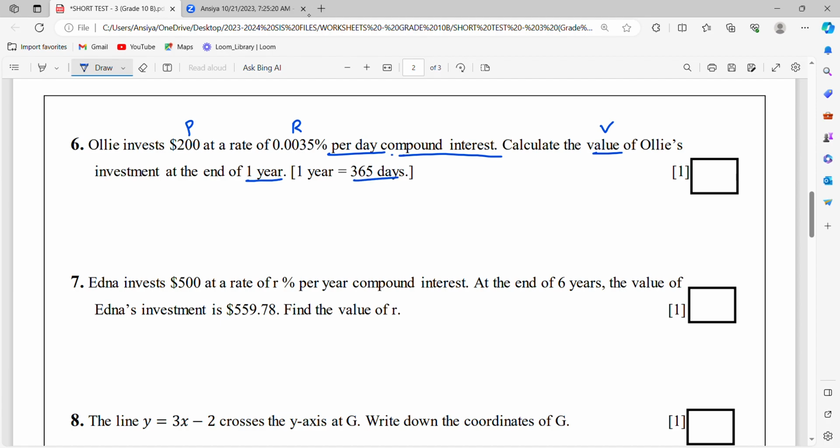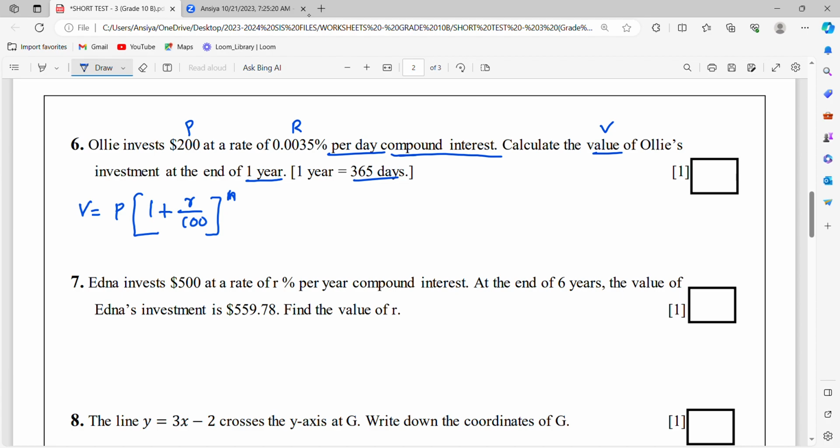So the topic is directly given, it is compound interest. We know the formula V equals P times (1 plus R over 100) power n. Now usually R, the rate of interest, will be given in years. Then make sure that n is also in years.